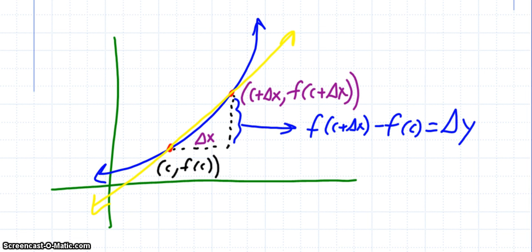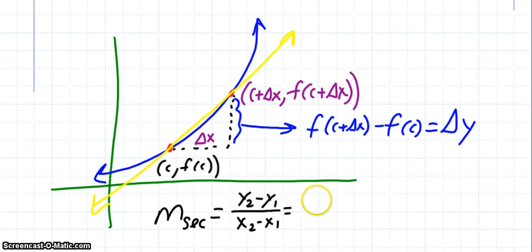So now if I want to find the equation of this secant line, I know that the slope of the secant line is y2 minus y1 over x2 minus x1, or delta y over delta x.